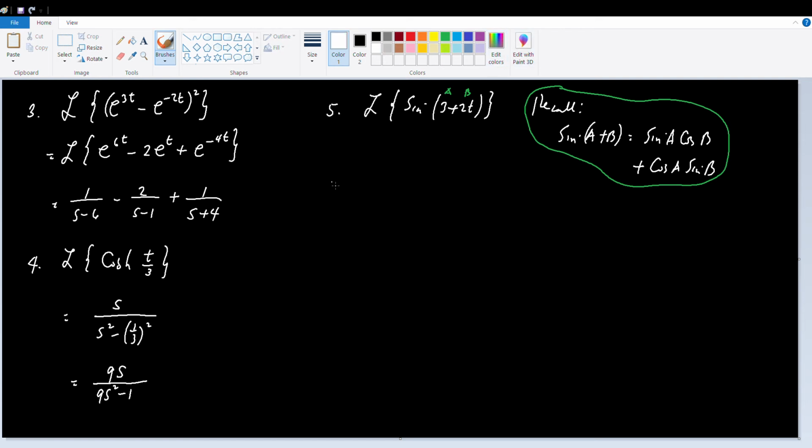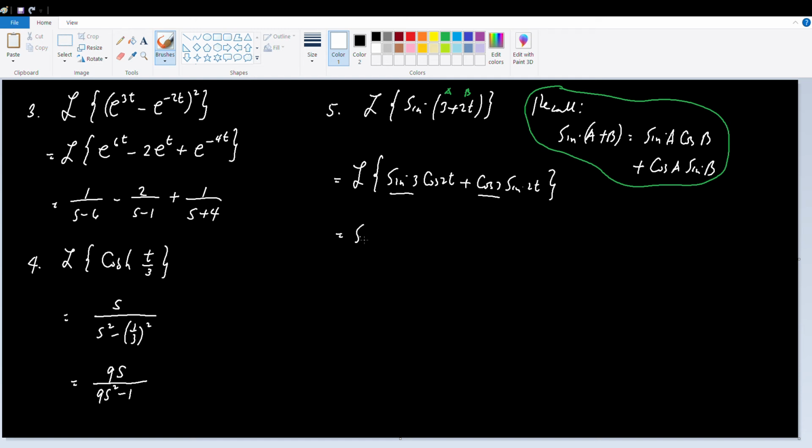So we shall now write this as the Laplace transform of sine 3 cosine 2t plus cosine 3 sine 2t. So sine 3 and cosine 3 are both constants.